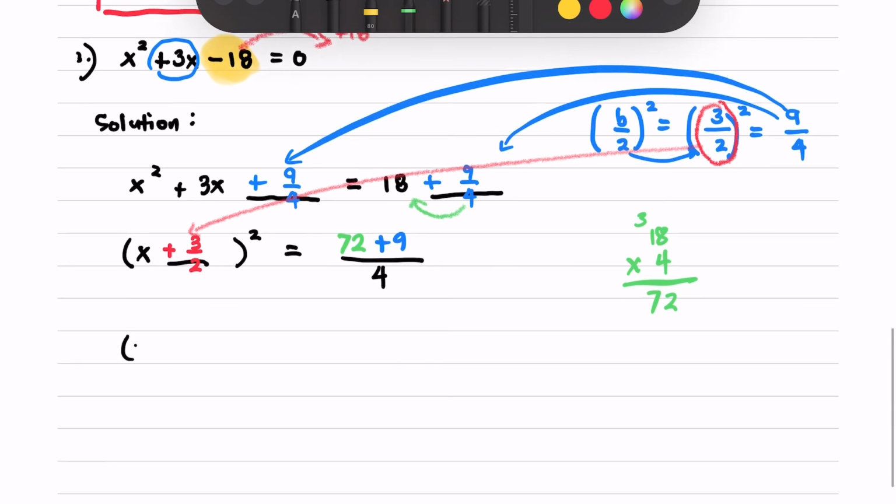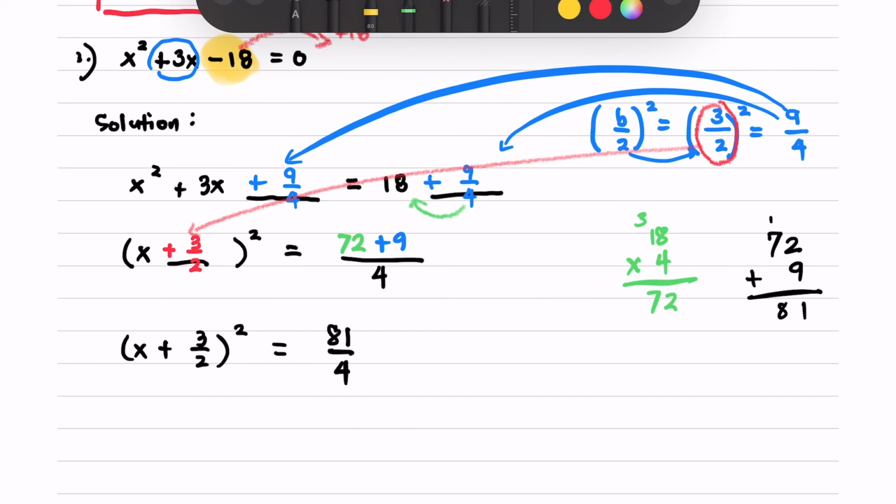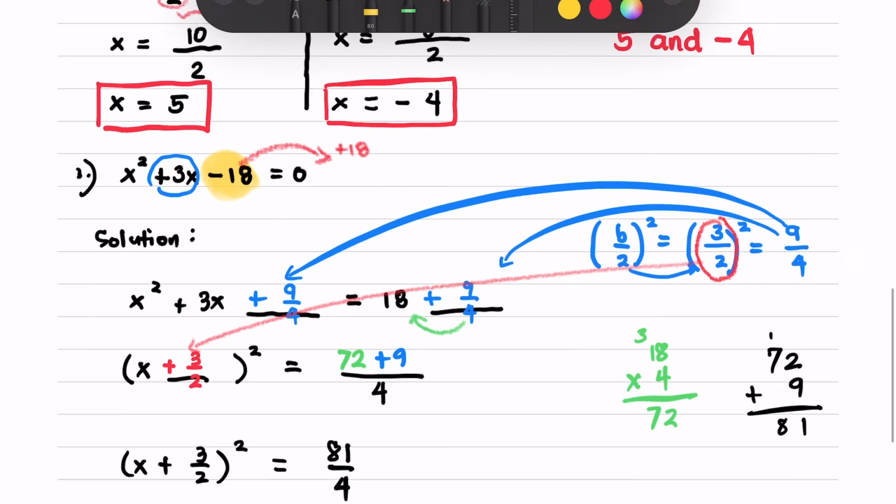Okay, so we have x plus 3 over 2. I-rewrite ko lang, quantity squared, equals 72 plus 9 over 4. So that's, kung nahirapan kayo, pwede nyo namang i-add yan. That's 81. Okay, so we have 81 over 4. So, similar lang siya dun sa kanina.